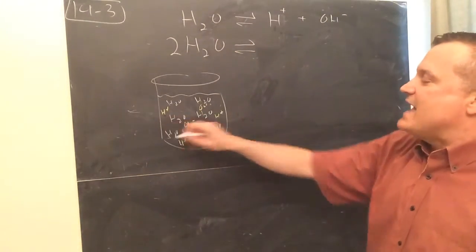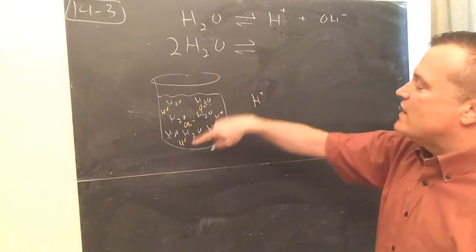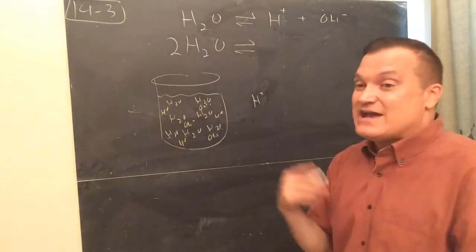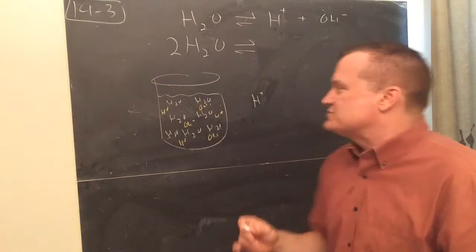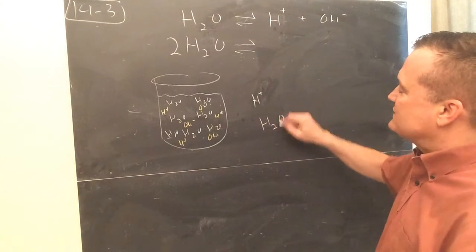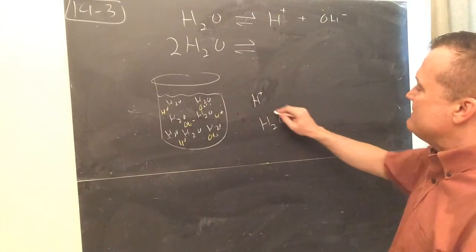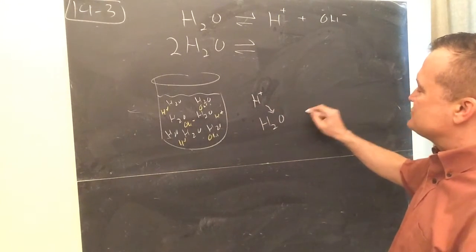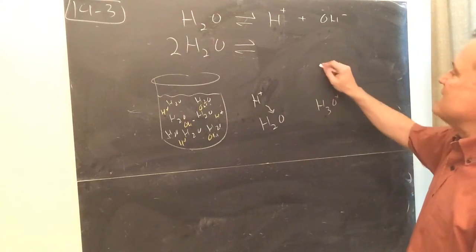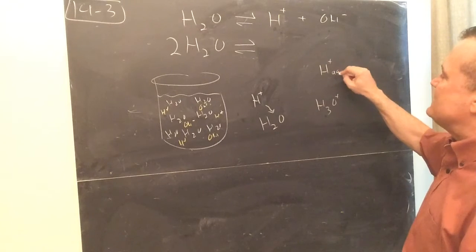But in reality, H+ will join on to other water molecules. Really not just one, but several. It's kind of a weird configuration. But the way we write it is, an H+ in water gets attracted to a water molecule, and they make, it's not really a reaction, but they make H3O+. So H3O+ is another way to write H+ aqueous.